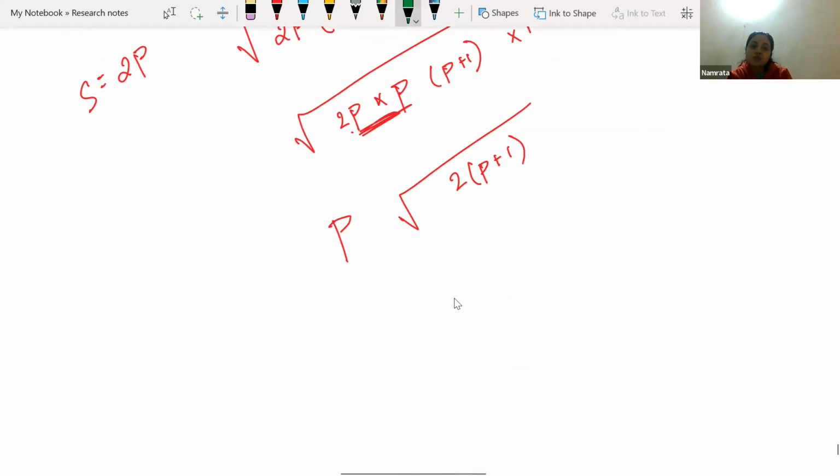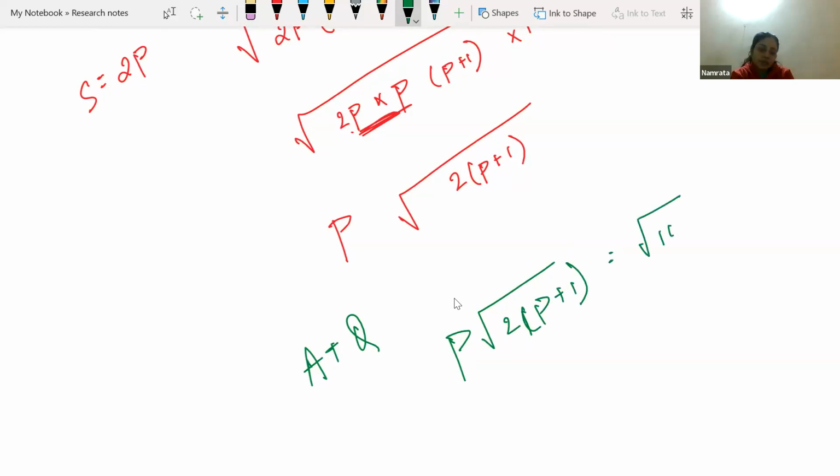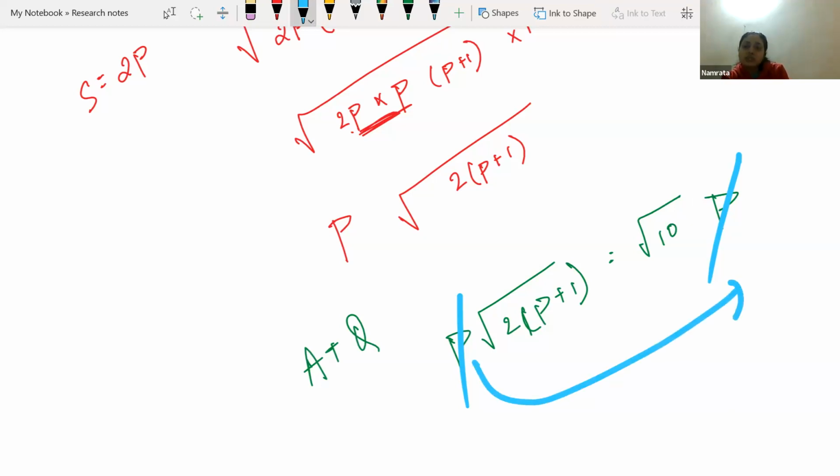Area according to us is this one, but according to the question, P under root 2P plus 1 is equal to root 10P, which is the area given in the question. This P over here and that P over here, let's cancel them. These two are canceling each other. When we shift it to the other side, this P will shift to the denominator, so hence it will cancel out.